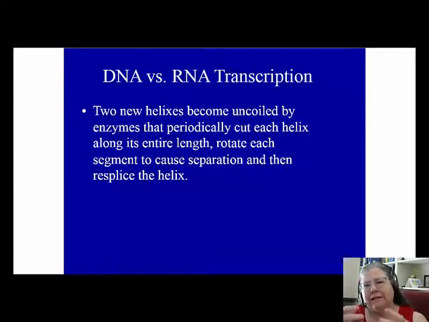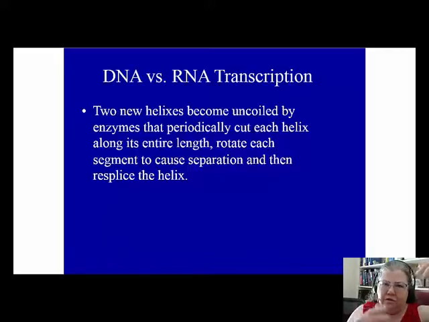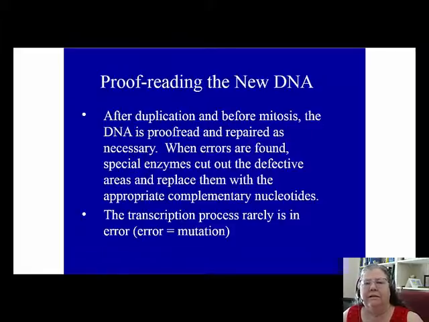Those two helices are sort of bound together, but there are enzymes that uncoil by cutting the helix, rotating it, and then resplicing it. So instead of two helixes bound together, you end up with two separate double helixes.